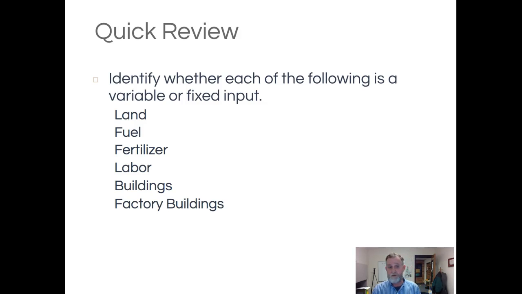Typically in the short run, we can separate different resources into two categories, one being fixed, one being variable inputs. So typically land is going to be a fixed input in the short run. Fuel, the more fuel I use, typically will affect the output. So that is a changing input for the changing output, which puts it into the variable input. The amount of fertilizer I put on, and I'll give this one as an example.